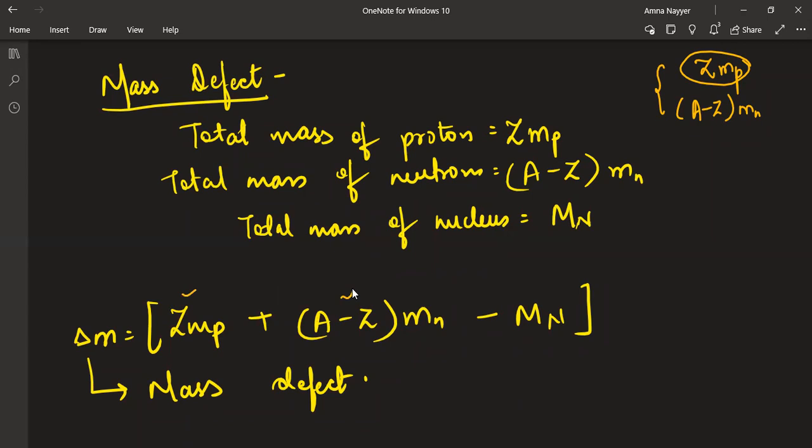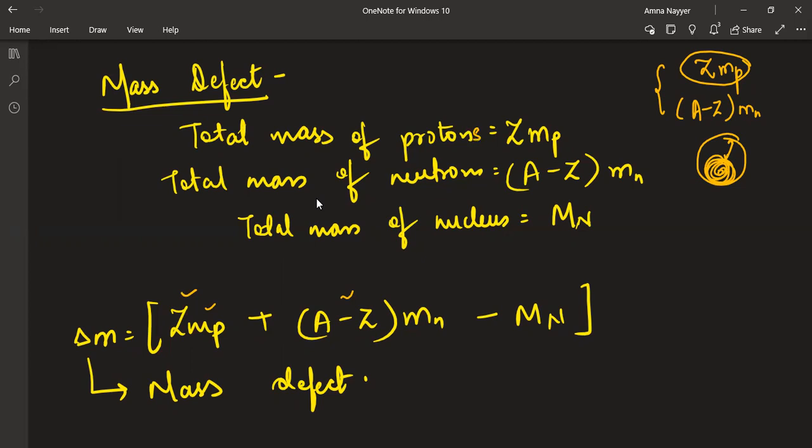Now mass defect means: when you subtract the mass of the nucleus from the mass of the nucleons, whatever mass is left is known as mass defect. Mass of nucleus can be anything; it will be mentioned in the question in the exam. Here we have taken M. Again: mass of a single proton is Mp, total number of protons is Z, so total mass of protons is Z Mp.